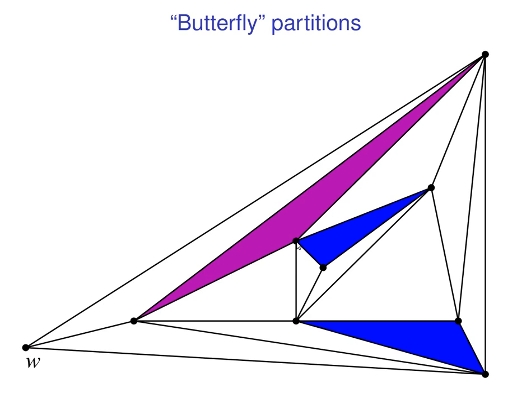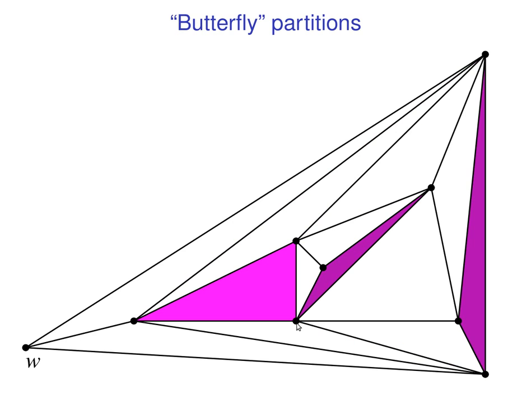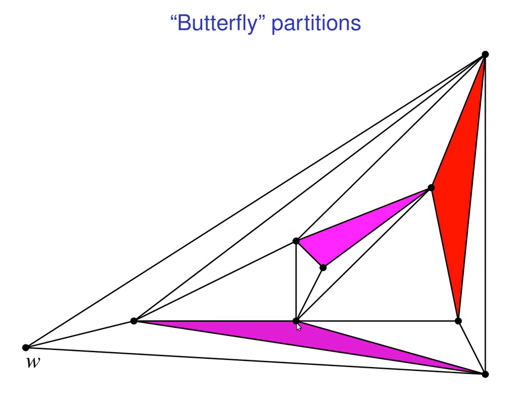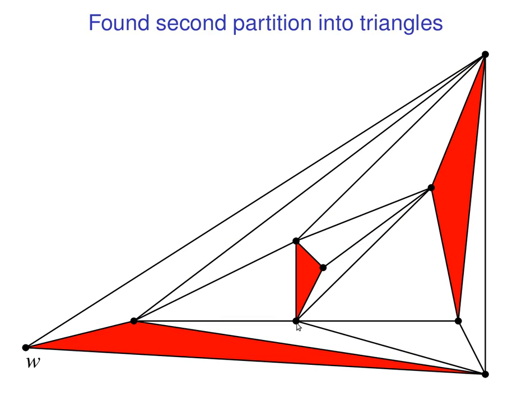Now, because this node has two triangles, we can use the second triangle that we found to flip it over again to create a new butterfly, and then this one will flip the next triangle over, and so on. So we have a unique sequence of flips that eventually has to terminate somewhere, and that is when it finds the node that we started with. So this is the second partition.